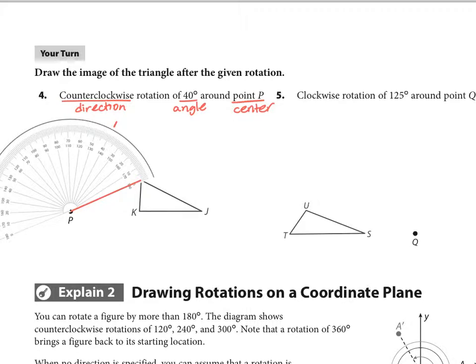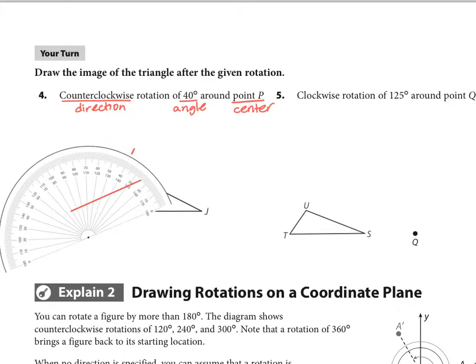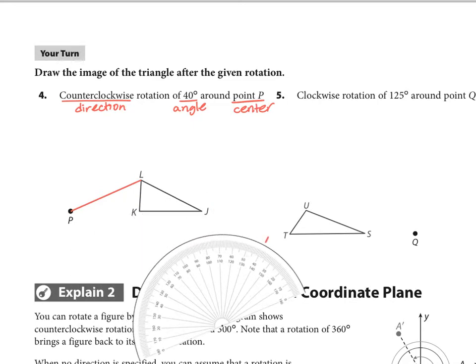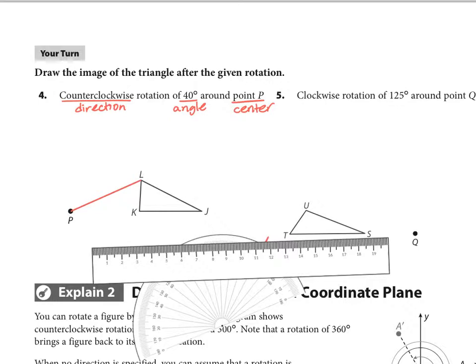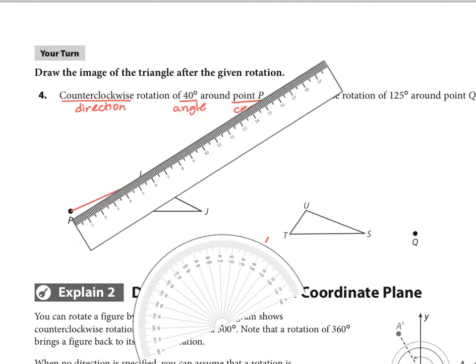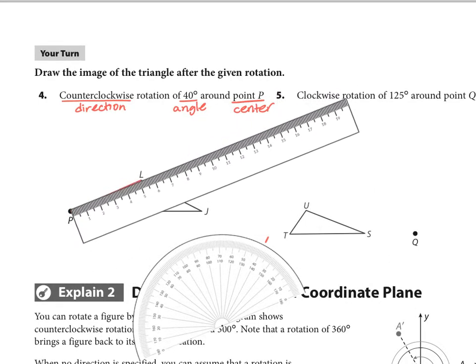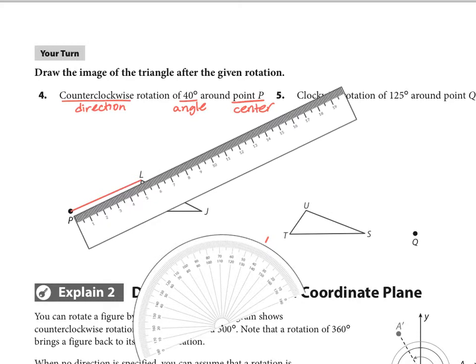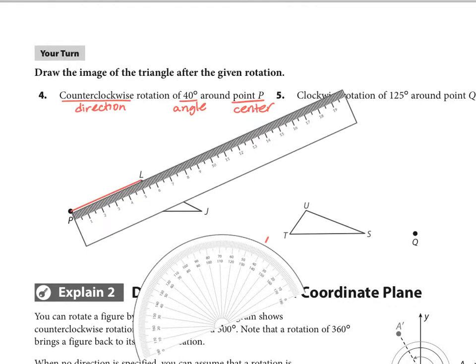Okay? And then from there, I need to figure out how long P to L is. So how long is PL? And we would need a ruler for that. When I measure it, I'm actually not going to be using a ruler with any real units. So don't think that this thing is in centimeters or inches.